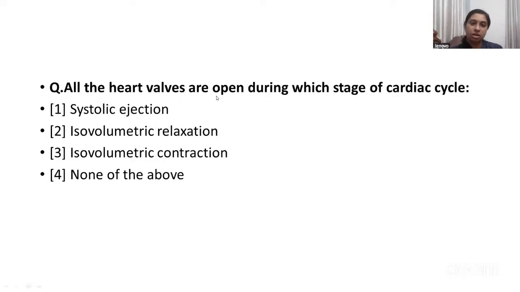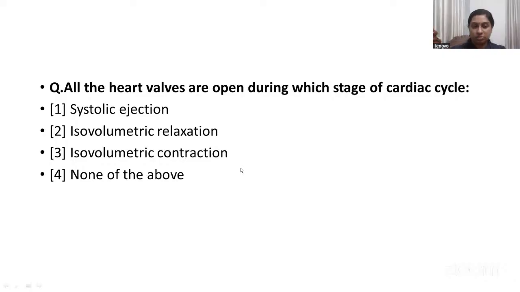Next question. All the heart valves are open during which stage of the cardiac cycle? Systolic ejection, isovolumetric relaxation, isovolumetric contraction, none of the above. One short tip you have to remember is that in either isovolumetric relaxation or isovolumetric contraction, none of the valves are open.